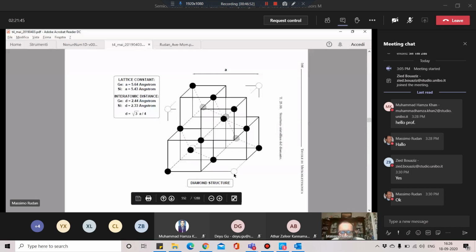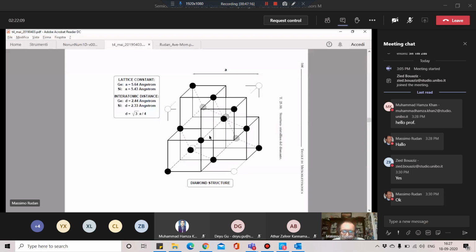Again, the white dots are silicon atoms, but they do not belong to this structure. They belong to the structure that is on the right or on the left or below, and you can imagine that this structure will repeat itself periodically in the three directions of space.